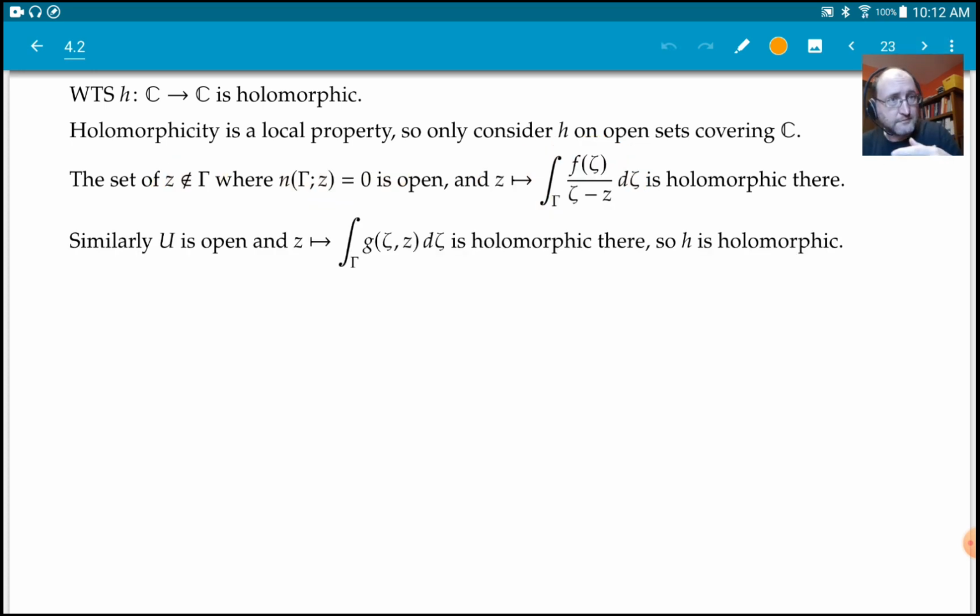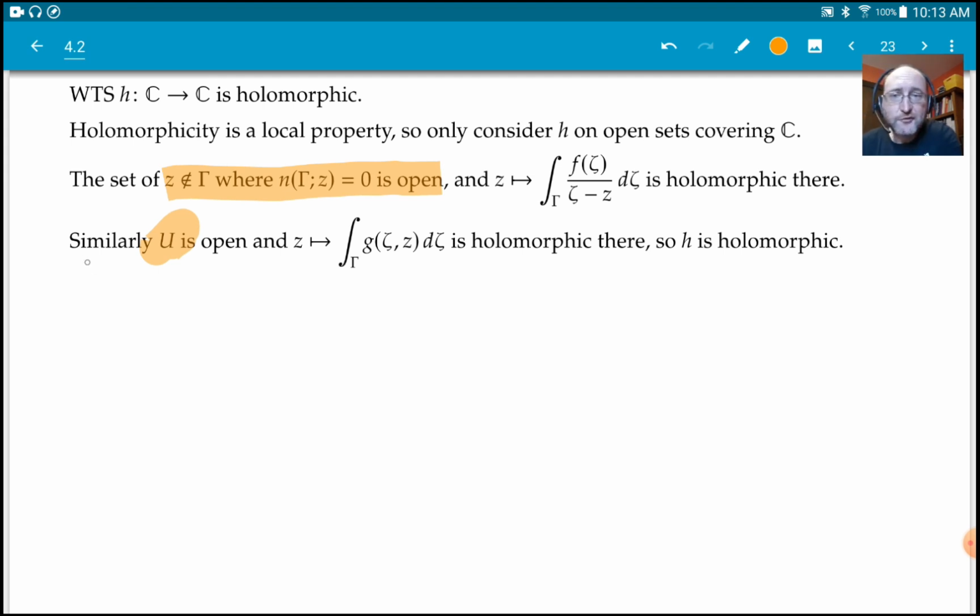Now, the other open set that we're looking at is U, and U is open. By the way, U together with the union of the components of the complement of gamma where the winding number is 0, those two open sets cover C. So it's enough to consider those two.